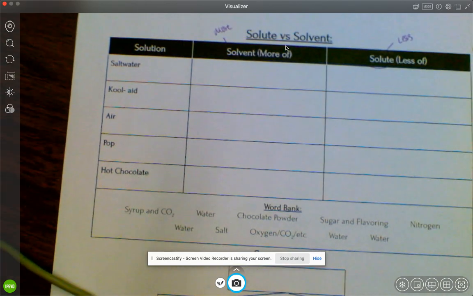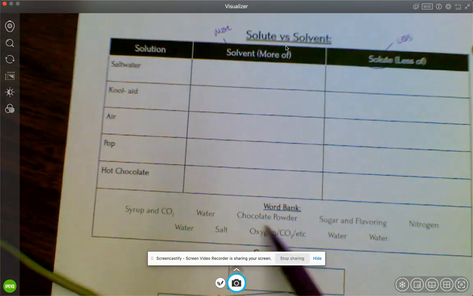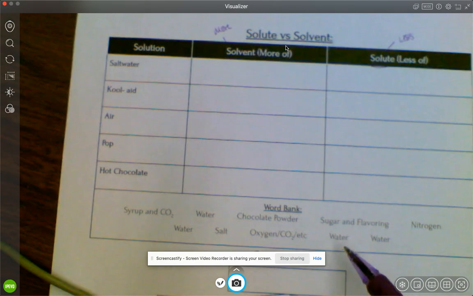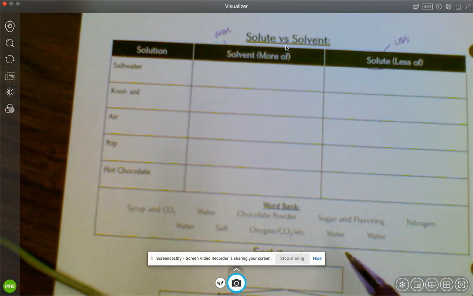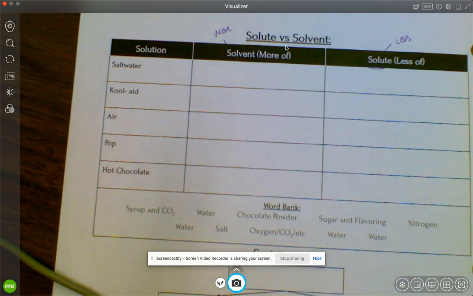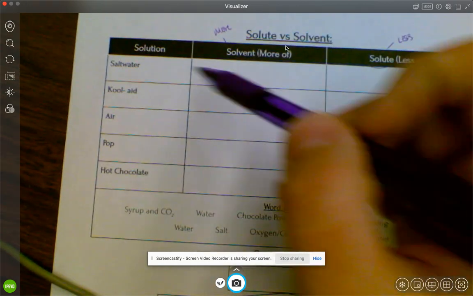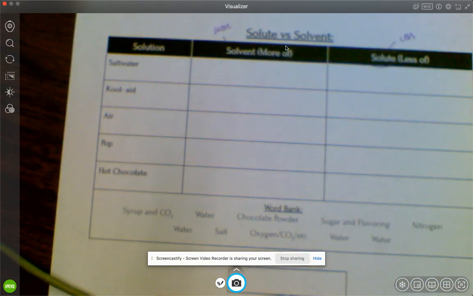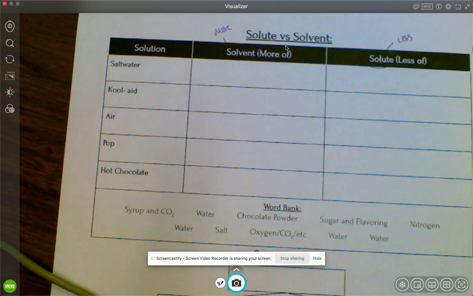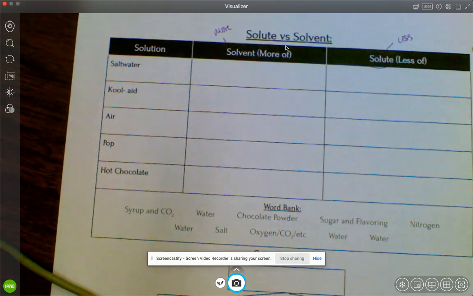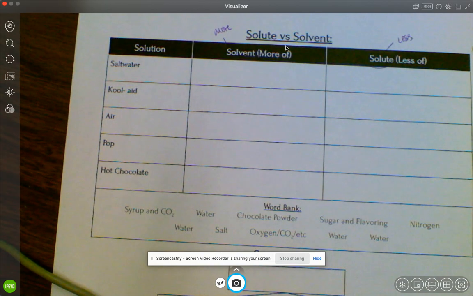So let's look at one of these examples. And all the things that go up here are down here. Actually, we'll do 2 of them because there's one that kind of gives people some grief. So salt water. If I'm going to make salt water, it kind of tells you what the 2 things are. Salt and water. Whoa!